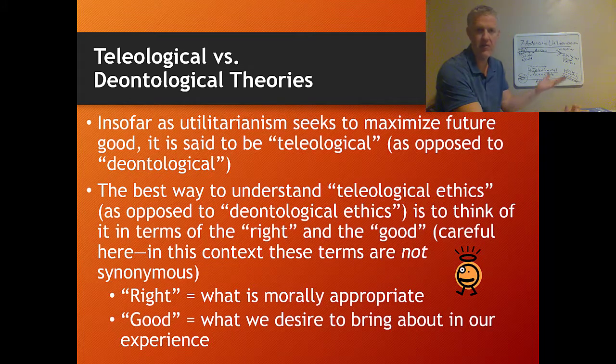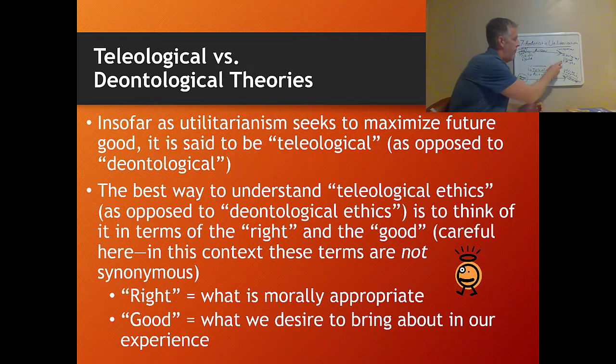And the utilitarians, what are they going to say it is? Or what's Epicurus going to say it is? Pleasure. Happiness. They're going to define the good in such a way, but not everyone's going to define it that way. Those three guys, Bentham, Mill, Epicurus, they say all that's good for us, the only thing we really desire is pleasure or happiness. Whereas other people are going to say, no, there's a whole slew of other things that we desire and want to bring about.